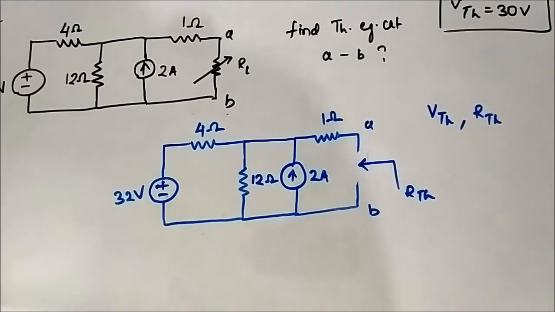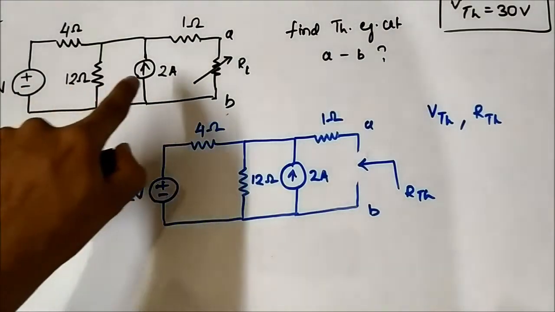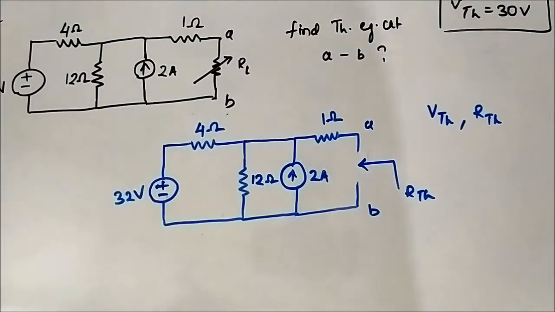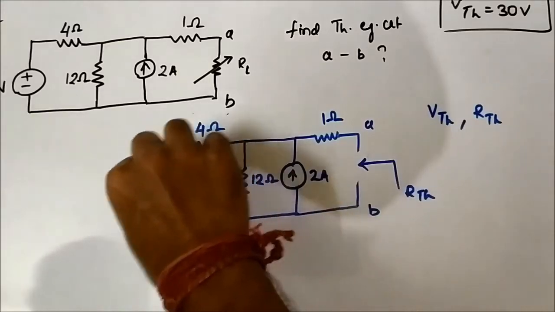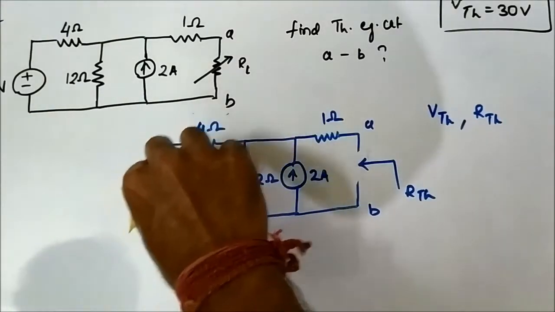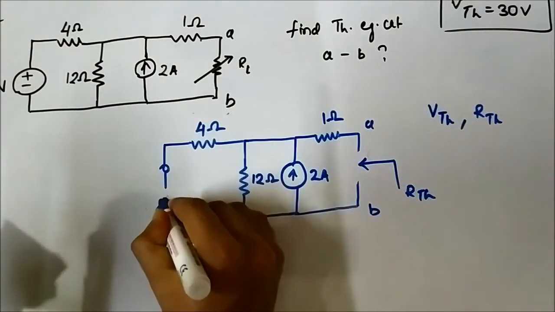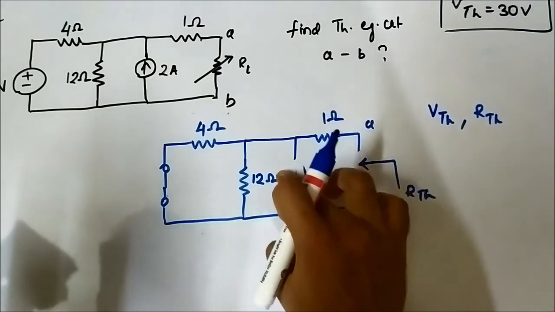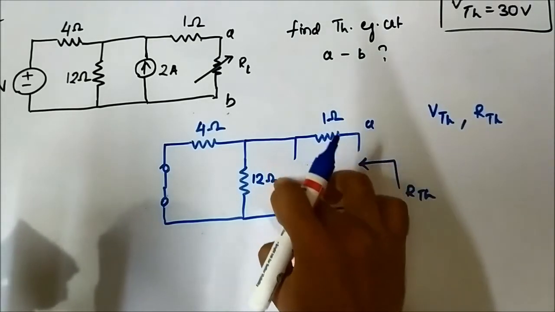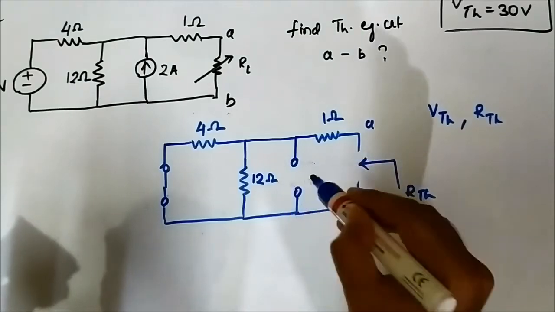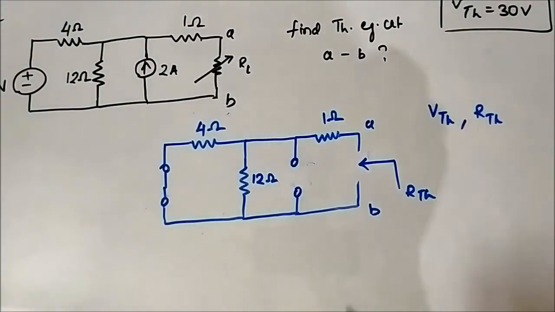But also we have to do one extra procedure, that is deactivating the independent sources. Dependent sources are kept as they are, but here we have only independent voltage and independent current sources, so we have to deactivate them. Voltage sources are replaced by short circuit, current sources are replaced by open circuit. So the 2 ampere current source will be open circuited and the 32 volt voltage source will be short circuited.